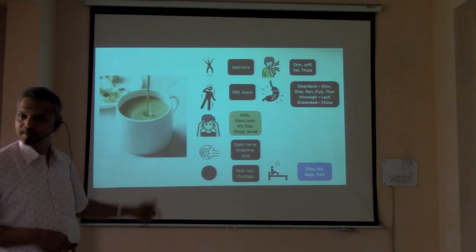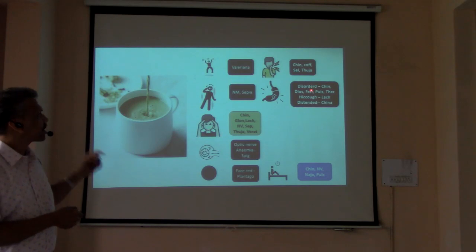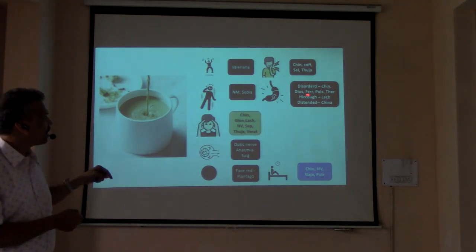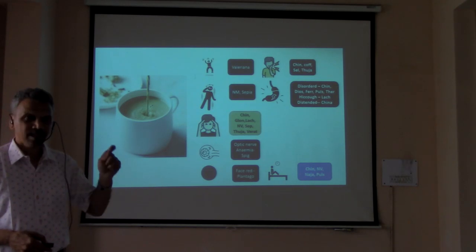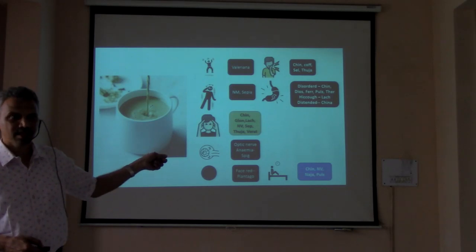Gastric disturbance, like for example disordered stomach, you have China, Dioscorea, Ferrum, Pulsatilla, Pteridium. Hiccups, the single remedy is Lachesis. Somebody drinks tea and they have continuous hiccups, the remedy is Lachesis.